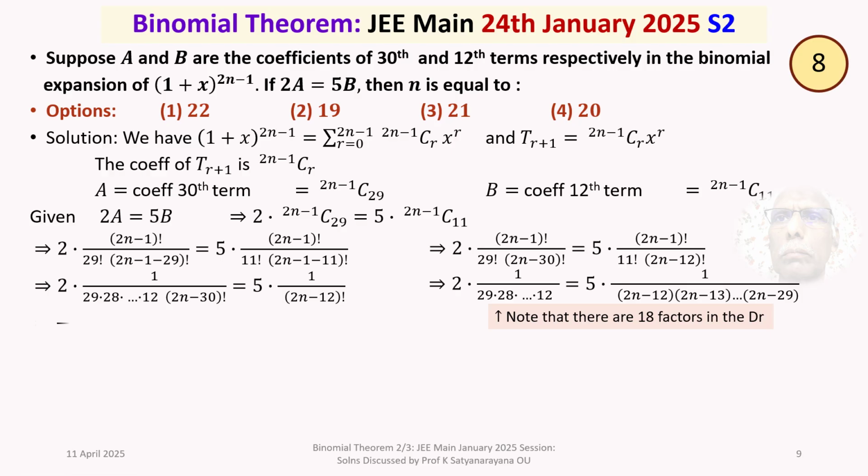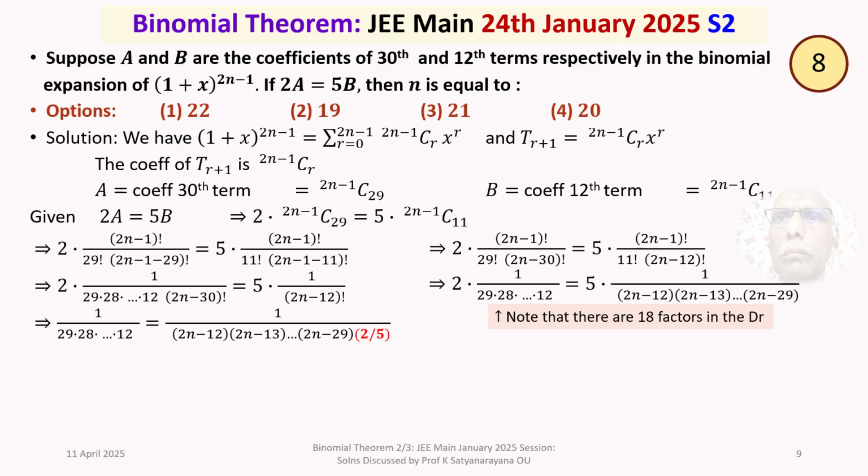This is written as 1 by 29 into 28 into ... into 12 is equal to 1 by (2n − 12)(2n − 13) up to (2n − 29) into 2 by 5. But here you have 18 factors on each side, and an additional term has come, the 19th factor.